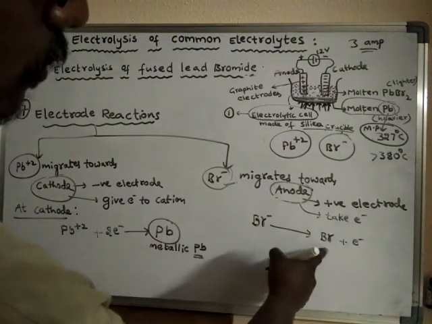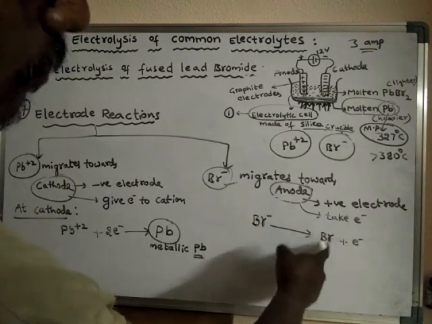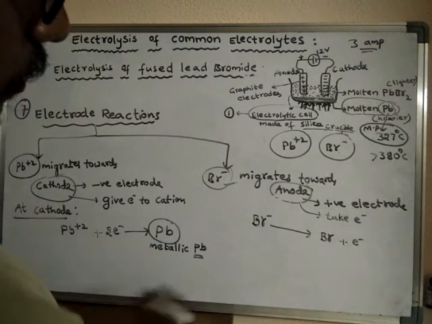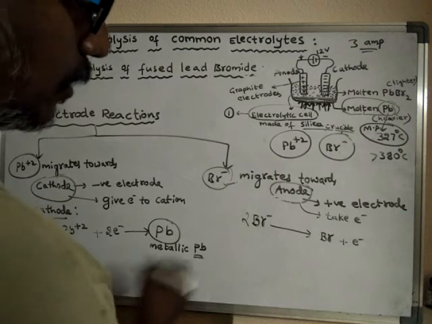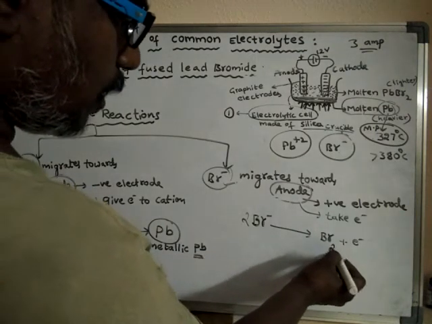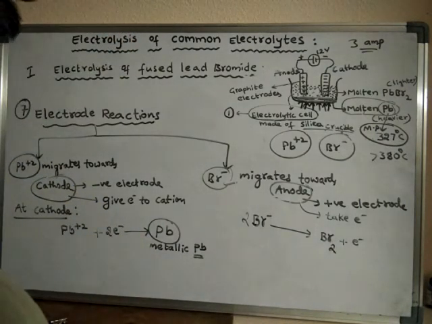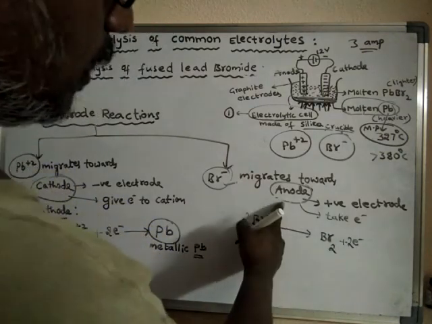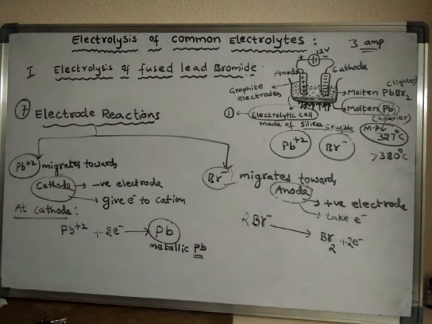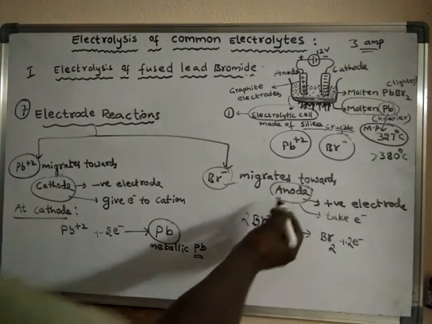Hence, you will get a neutral bromine atom. Every two bromide ions will form a bromine molecule and liberate two electrons, and these two electrons are taken by the anode. Okay, the anode is an electron acceptor.